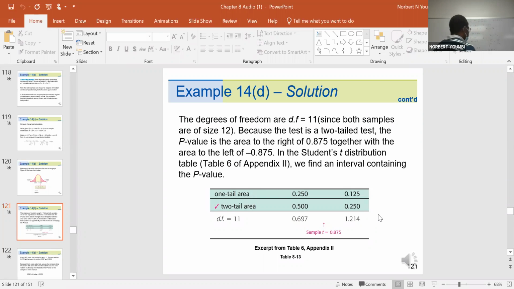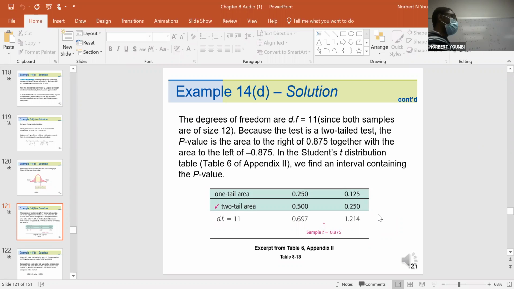So what is the p-value that you have? 0.39. With this p-value of 0.39, it is between 0.25 and 0.5. That is what the book will give you as the range of values whenever you are asked to find a range of values for the p-value.